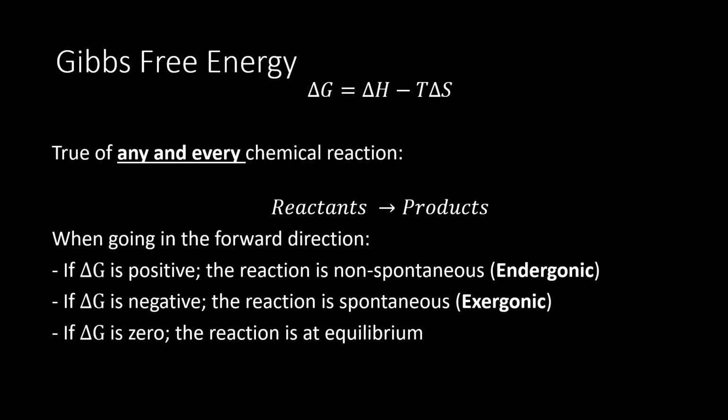Now, the following is true of any chemical reaction, no matter what. Delta G always equals delta H minus T delta S. Now, if we have some normal reaction of reactants to products, if delta G becomes some positive value, we call that a non-spontaneous chemical reaction, also called endergonic.